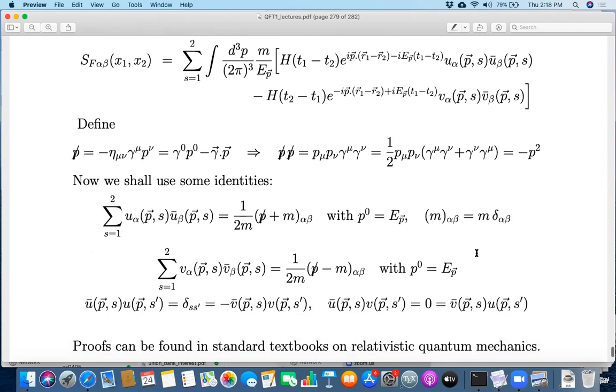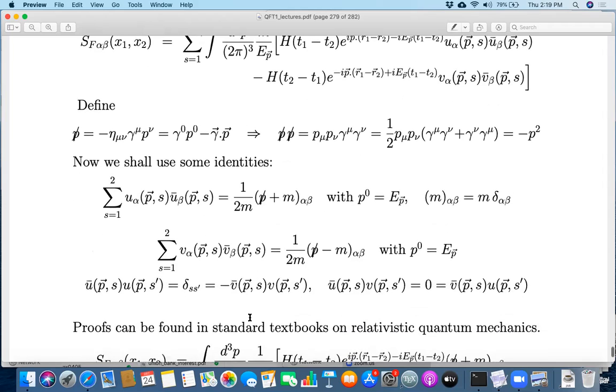There are some other results that we will use, which I will not prove, but you can find them in standard textbooks on relativistic quantum mechanics. These are the various relations involving u's and v's. The first relation is that if you take u alpha(p,s) u bar beta(p,s) and sum over s, you get something like this. This is some analog of the completeness relation. It's not exactly completeness, but some analog of it.